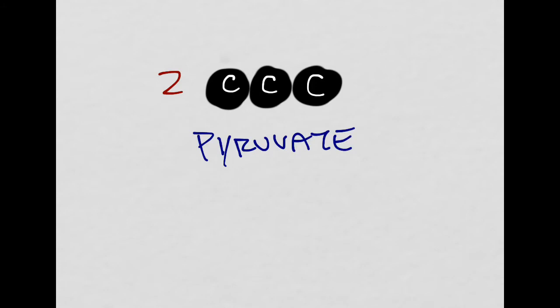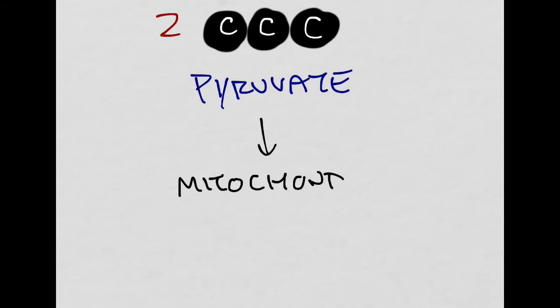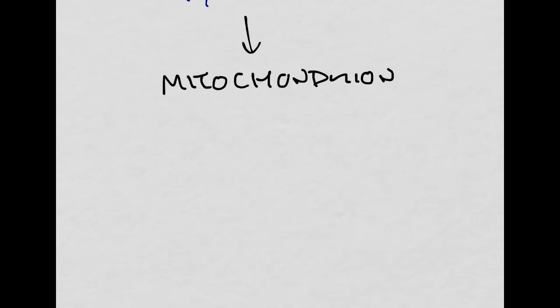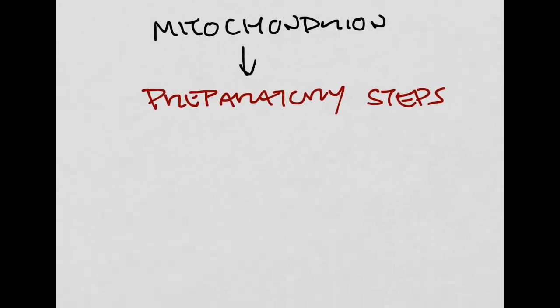These pyruvates were just created through glycolysis, and they're immediately going to go into the mitochondrion. Inside the mitochondrion is where these preparatory steps take place. From now on I'm just going to call them the prep steps. It makes it a lot easier.